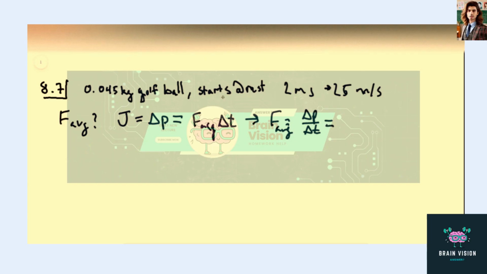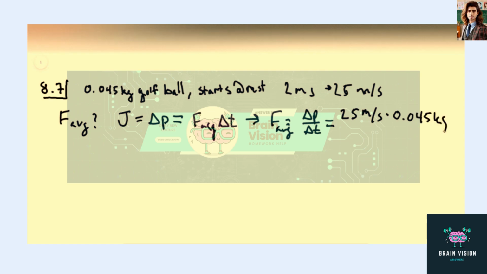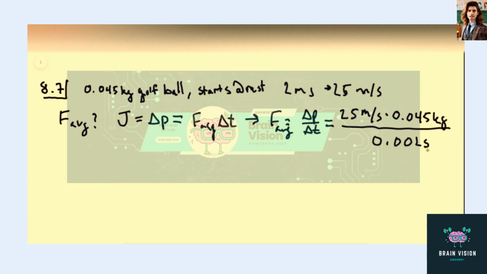Now the ball starts with 0 momentum because it's at rest. So the change in momentum is just equal to its final momentum. This is 25 meters per second times the 45 grams of mass that it has, divided by our 2 milliseconds, so it's 0.002 seconds.